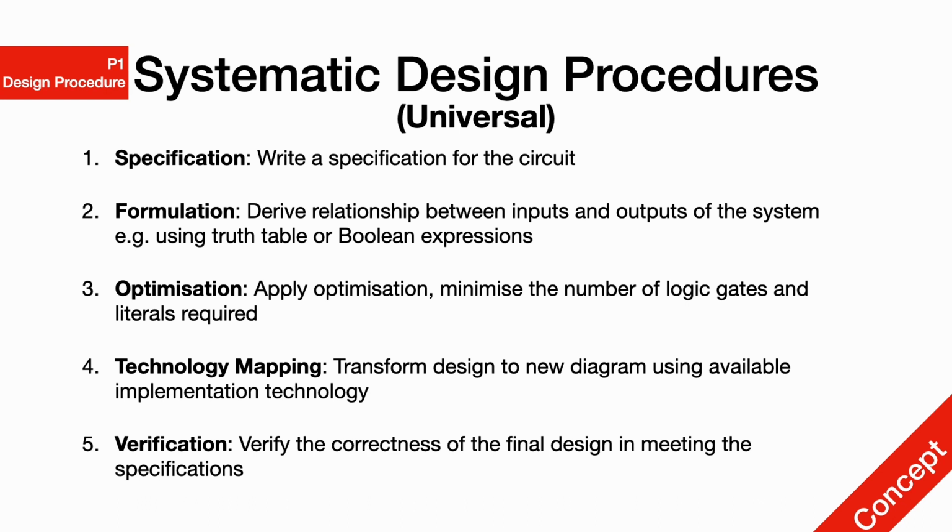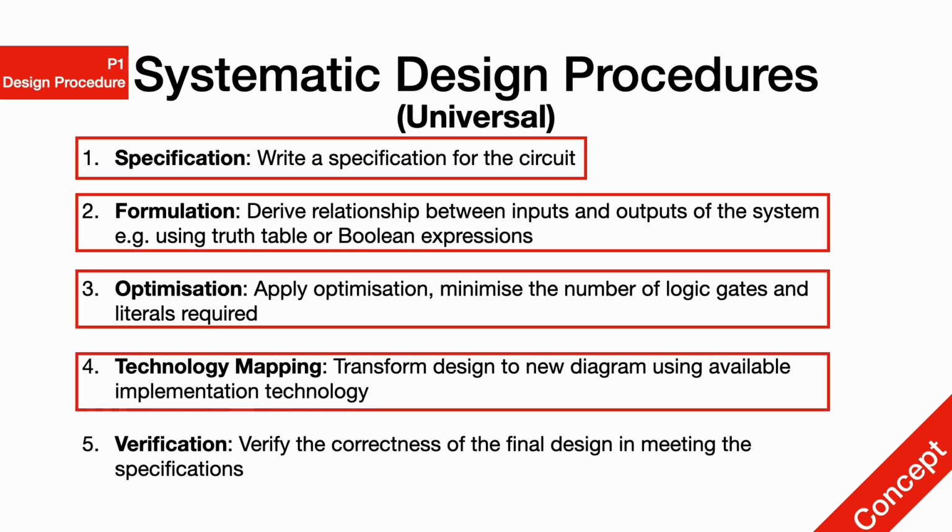And finally, last but not least, just like when you're practicing doing programming languages, it is very important that you try to verify the correctness of your final design. In this course, we're going to primarily focus on the first 4 procedures. Verification comes in a wide variety of different methodologies, and it is not uncommon for us to rely on computer automated verification systems.